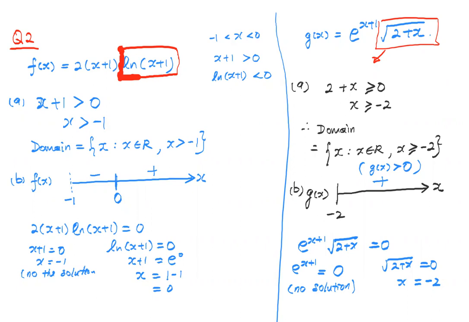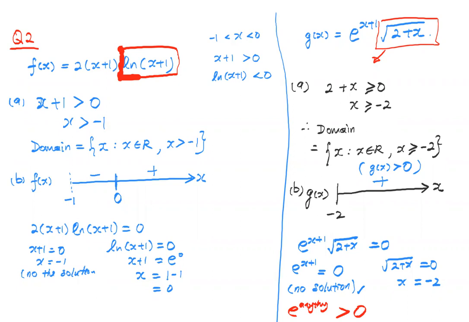The reason is, for the exponential, why did I put no solution here? Because I know the true fact: e to the power of anything is always greater than 0. It doesn't matter what the power is.